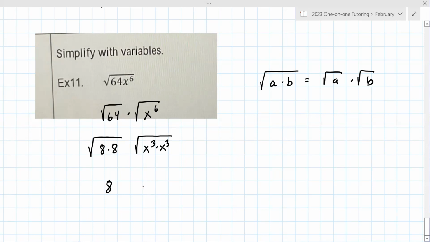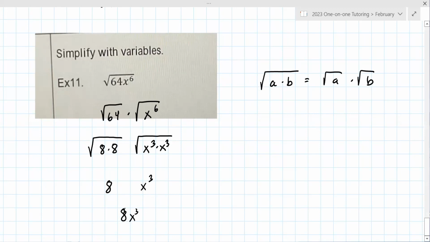See how there were a pair of 8's here and only one came out? What do you have a pair of? X to the 3rd. That's what would come out. Okay. So the answer is 8x cubed here.